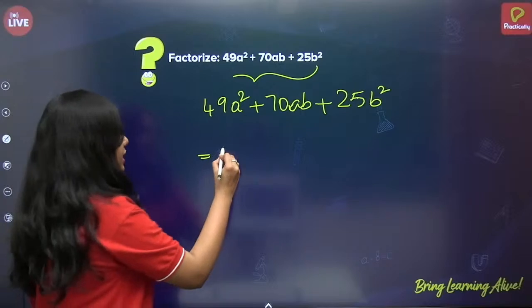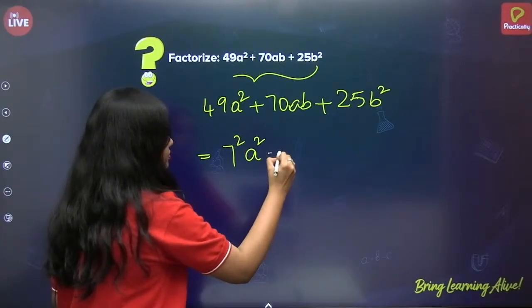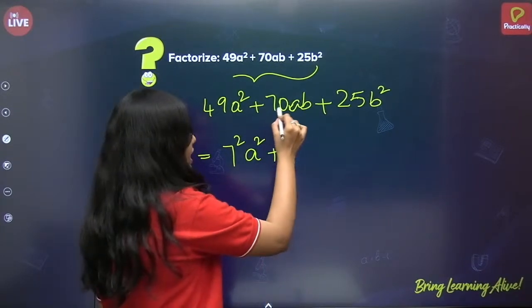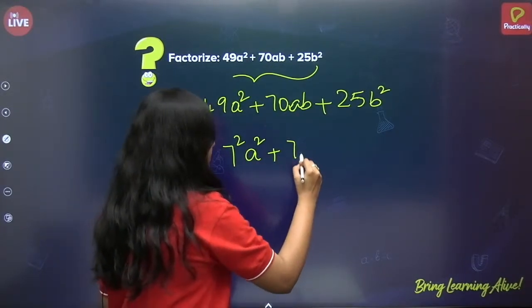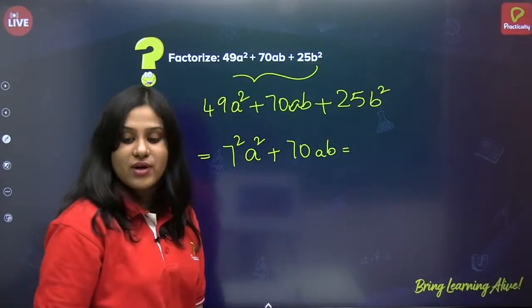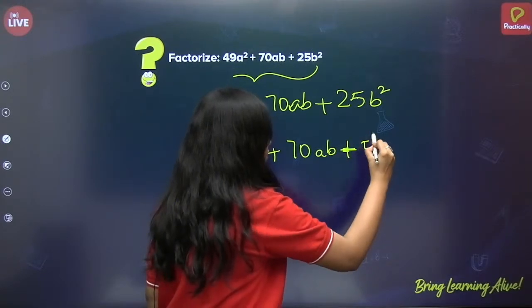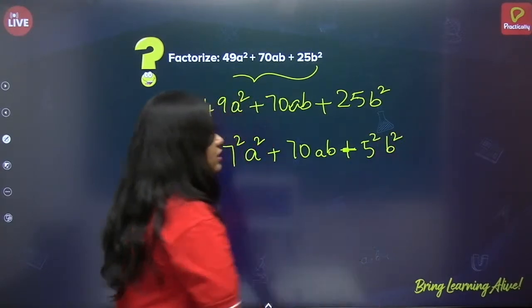Of course I can write. So I can write this as 7 square a square plus 70ab, we'll keep that as it is for now, because we do not get it still. Can I write 25 as 5 square? So 5 square b square, correct?